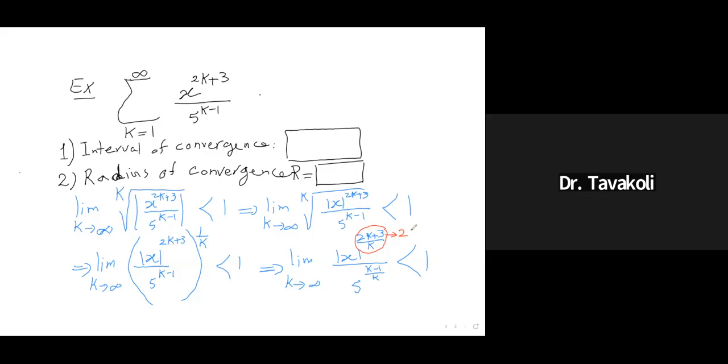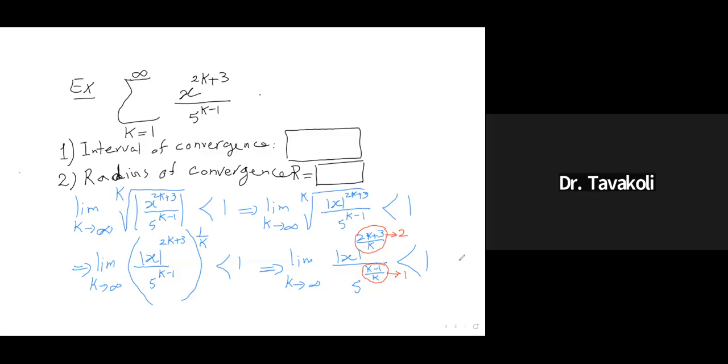Even for the real valued function, 2x plus 3 over x, the limit as x tends to infinity is going to be 2. How about here? k minus 1 over k as k tends to infinity. Again, using the methods that you know from Calc 1, or similar things in our discussion of sequences, the limit is 1.